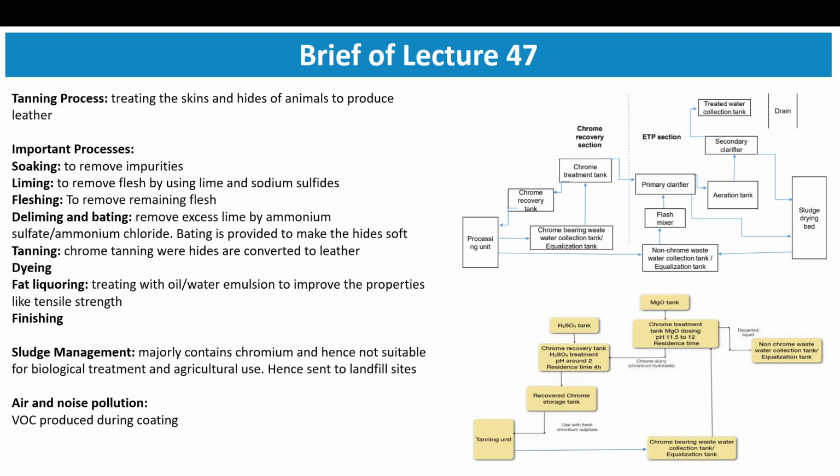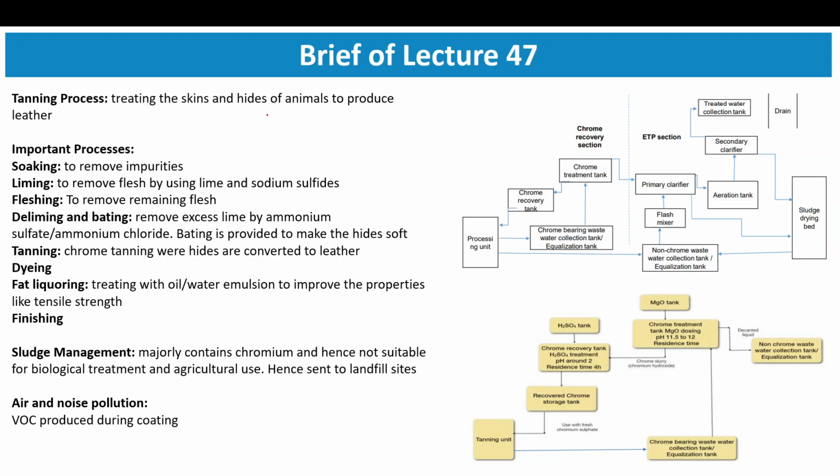Now moving forward, another industry that was discussed was the tannery industry. The tannery industry is nothing but the production of leather, which uses skins and hides of animals. As the name suggests, you utilize skins and hides of animals.